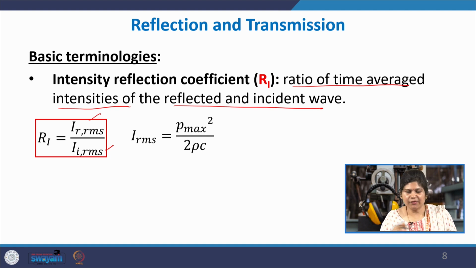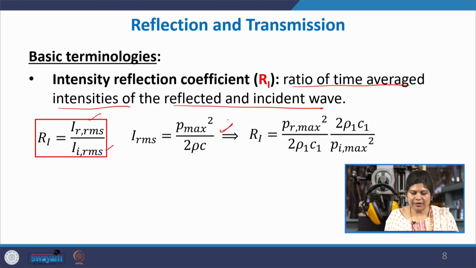Let us derive it in terms of the pressure reflection coefficient. So, we know that I RMS, which we have already studied in the previous lecture, can be written as P max whole square by 2 rho C. So, now this intensity reflection coefficient can be written as PR max whole square divided by 2 times rho 1 C1, because here the incident and the reflected waves are both in medium 1.